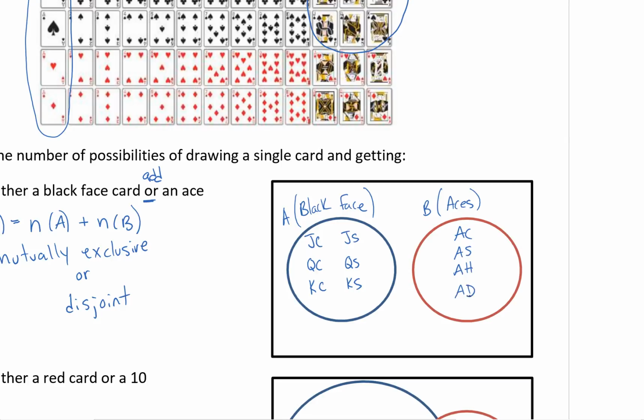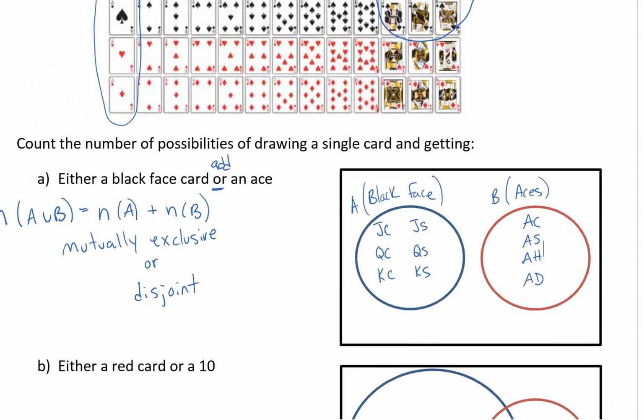And if we look at that, you can see there are our 6 and our 4. They are disjoint. So we've got 6 plus 4, I did the addition already, to give us 10. So that's the number in A union B. Black face cards or an ace.